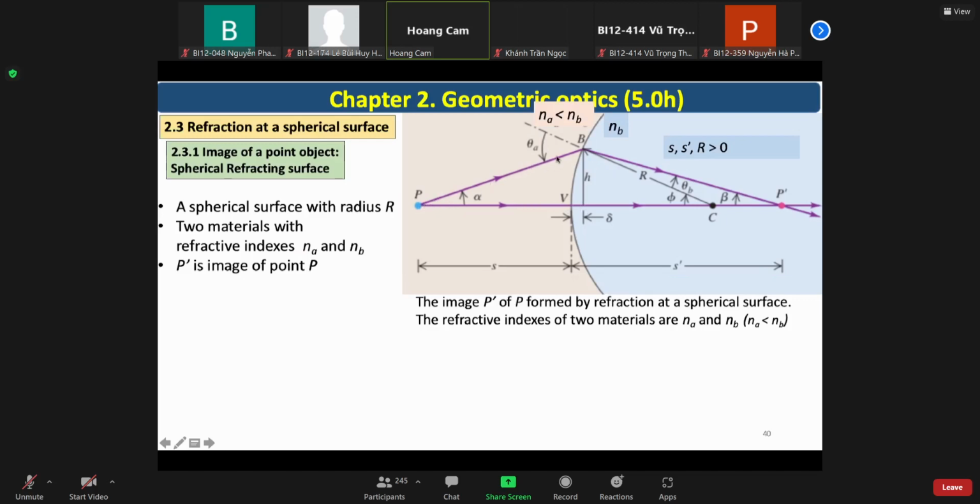We will draw only two incident rays for simplification. You can draw more, however, we can put at least two rays here.